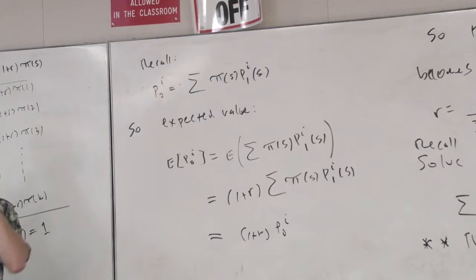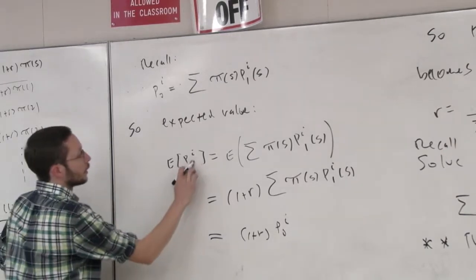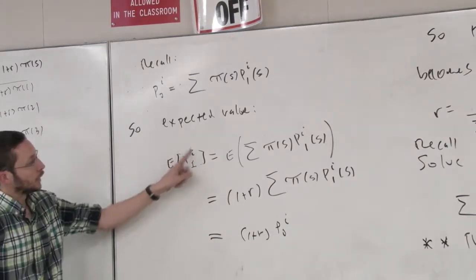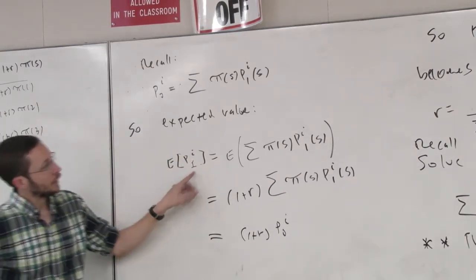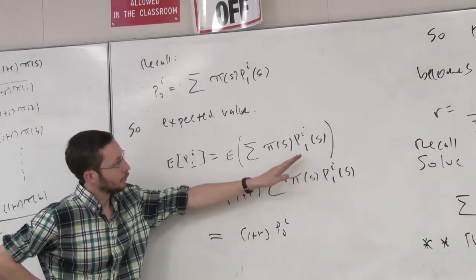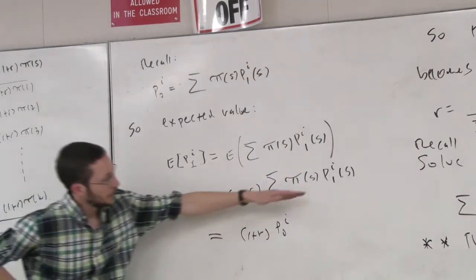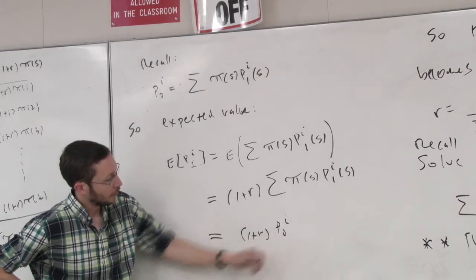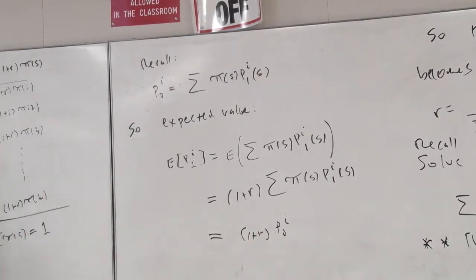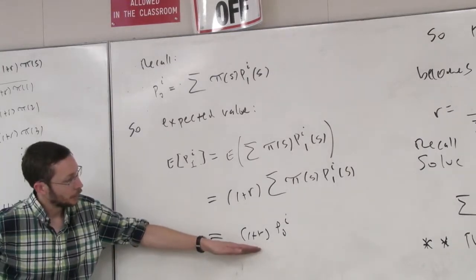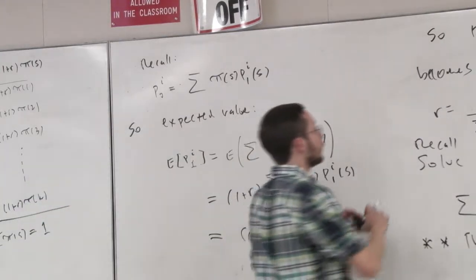Man, I'm sorry, something's off here. Oh yeah, of course. So, sorry, it should say P1 here. The expected value of all the P1s is equal to the expected value of this sum. That sum boils down to the value of the asset i. And so now we can solve for P0i.